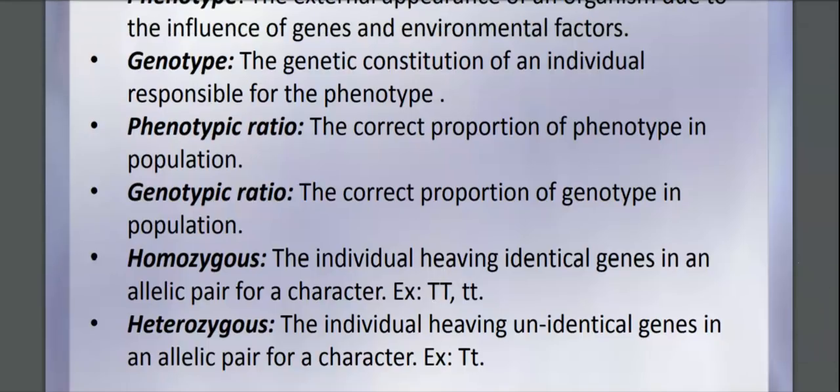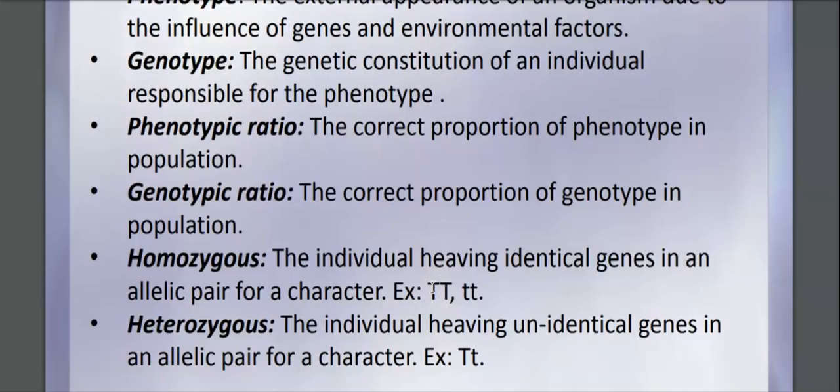Capital T shows a dominant gene, and small t shows a recessive gene. So if you see this pea plant, which has the genotype of capital T, capital T, you will see that the phenotype of this pea plant is tall. Why tall? Because it has both dominant genes.